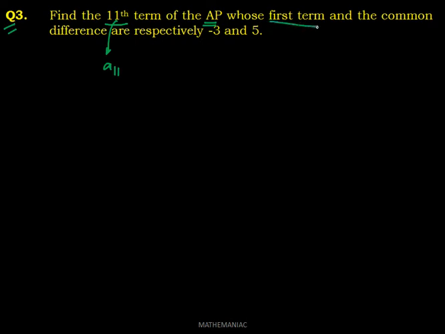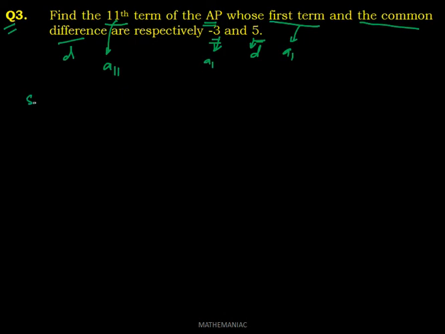Whose first term, try to think in symbol A1, and common difference, try to think in symbol D, are respectively this and this. That means this is the first term, this is the common difference, you need to find A11. Now think in symbols, very easy, right?